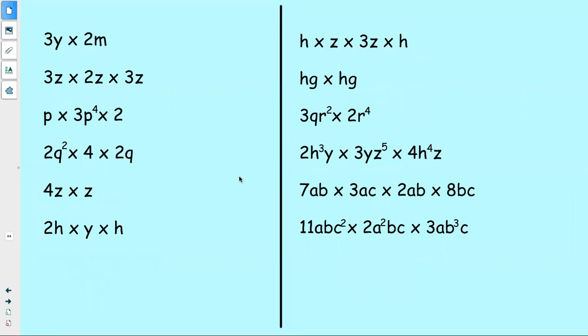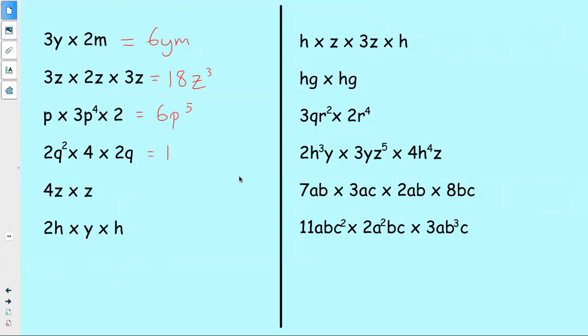Okay, so let's do the ones on the left hand side. So this one would be 6ym or my. This one would be 18z cubed. Be 6p to the power of 5.